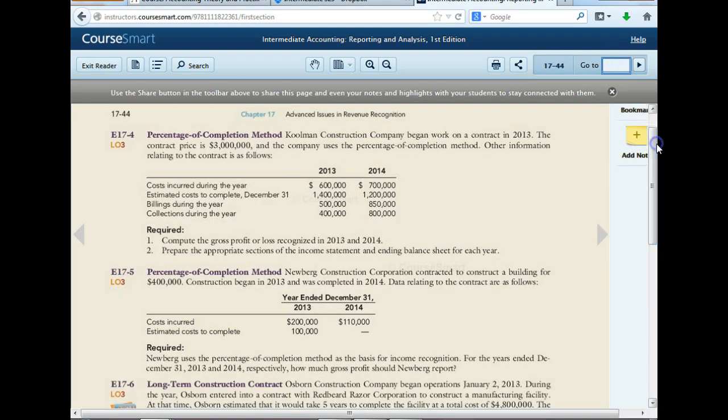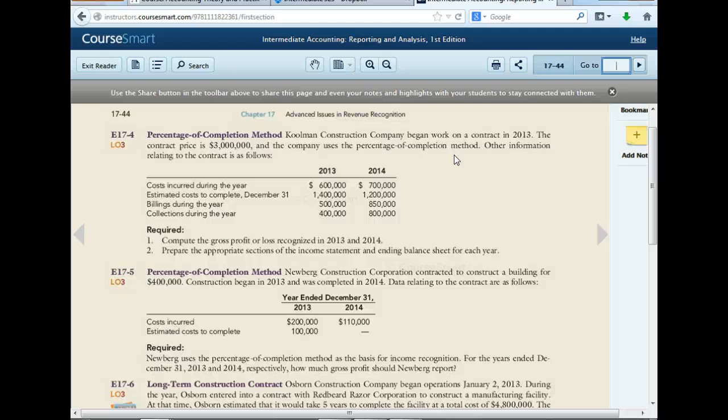Okay, let's look at this percentage of completion method on exercise 17.4. Here we've got Kuhlman Construction Company began work on a contract in 2013. The contract price is $3 million, and the company uses the percentage of completion method.